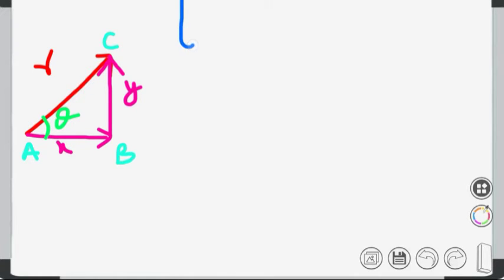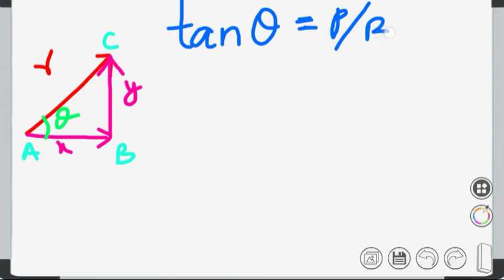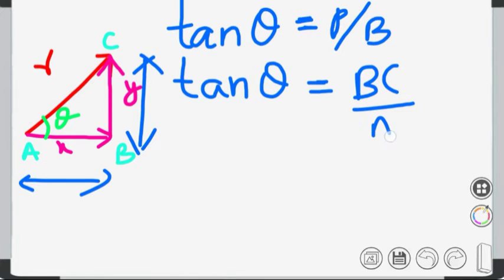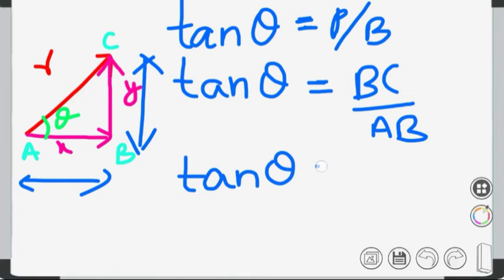Now to calculate the value of tangent theta, we will write tangent theta is equals to perpendicular over base, which can be written, in terms of the triangle, as perpendicular, that is BC over base AB, which can be further written as tangent theta is equals to y over x.